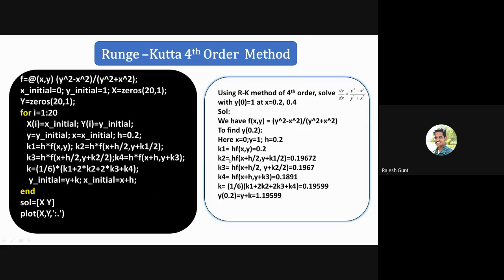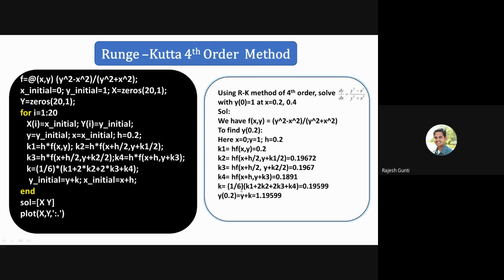Then we calculate K2. K2 is equal to h into f of x plus h by 2, y plus k1 by 2. I got this value. So K3 will calculate K3, like h into f of x plus h by 2, y plus k2 by 2. This is the value. K4 value is h into f of x plus h, y plus k3.